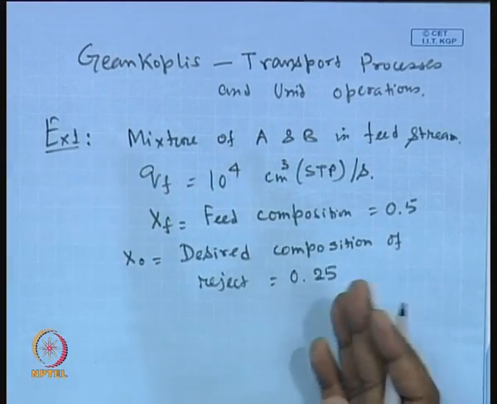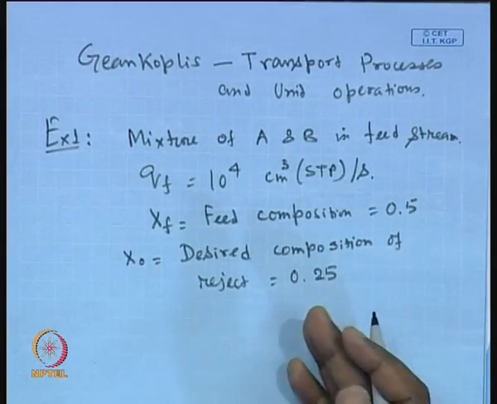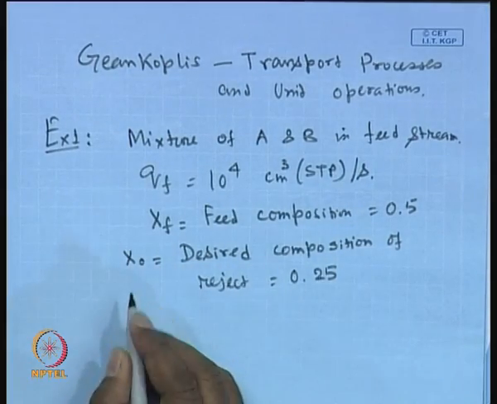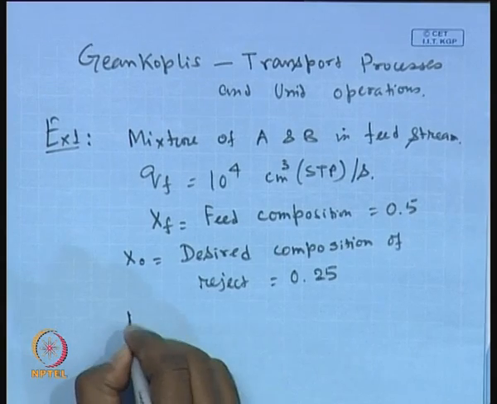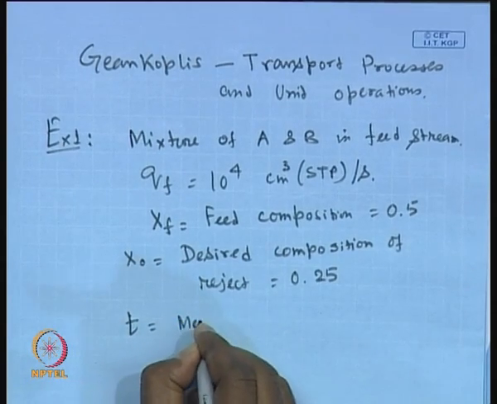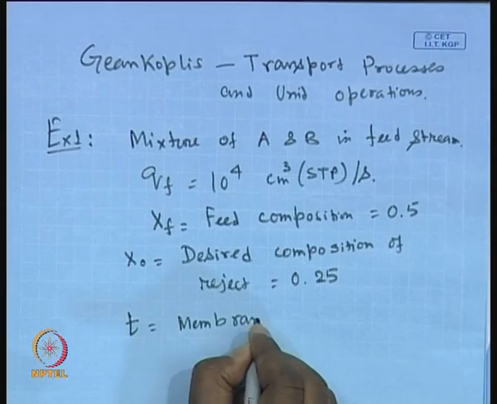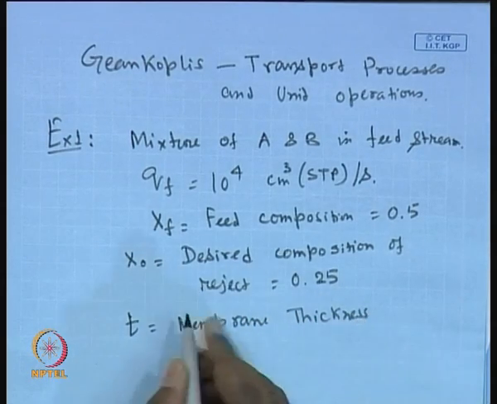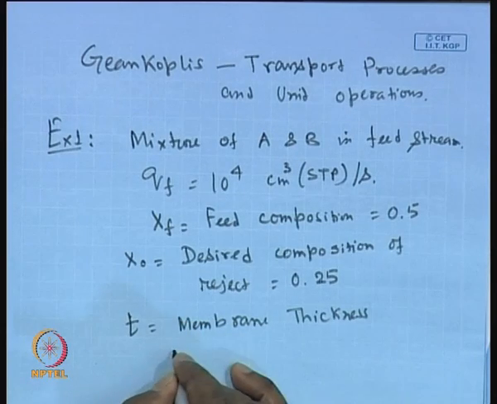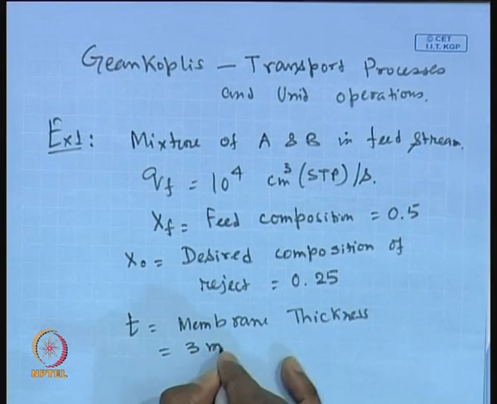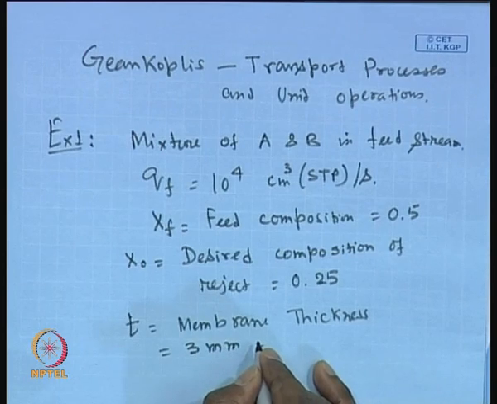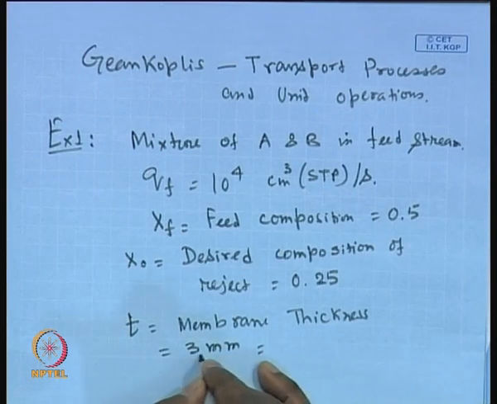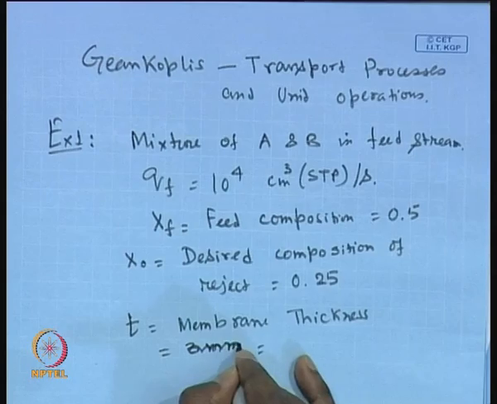So, you have to design the system, because you have to find out what is the required membrane area for this particular application. The membrane thickness is given as 3 millimeter. That is not 3 millimeter, it will be much less.